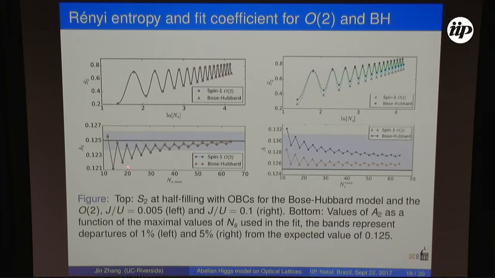But we can see that this is for 12, and this is for 16, and 18, 20. Ns is the length of the system.